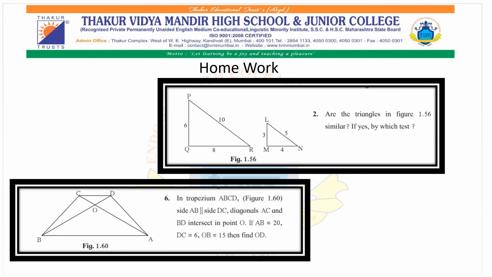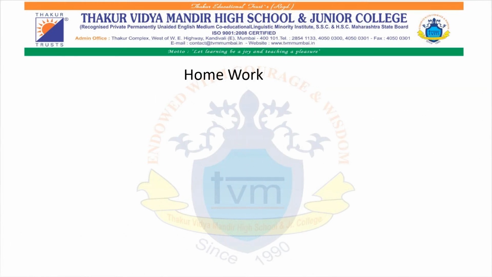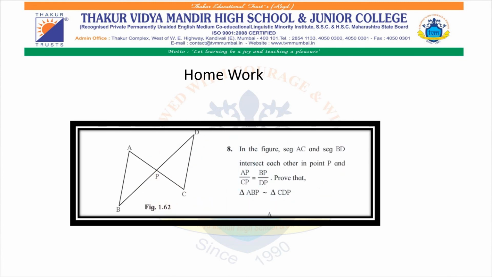The next slide is also there for homework. In this, you need to solve sum number 8. Here you can see two sides are given in proportion already, and you need to prove triangles similar.